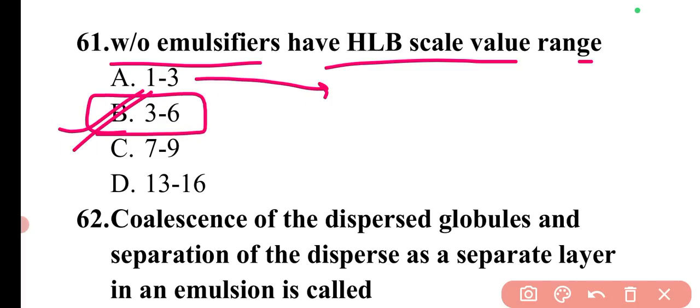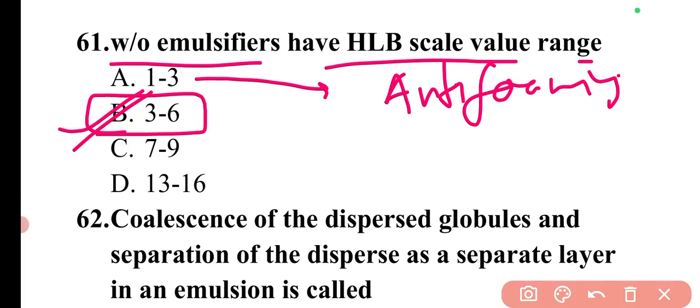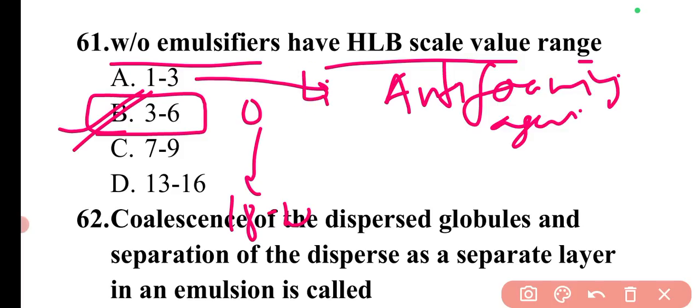If I talk about the range 1 to 3, then it will be an anti-foaming agent. The HLB scale range goes from 0 to 18 or 20. From 0 it is more lipophilic, and as the value increases it starts to become hydrophilic.